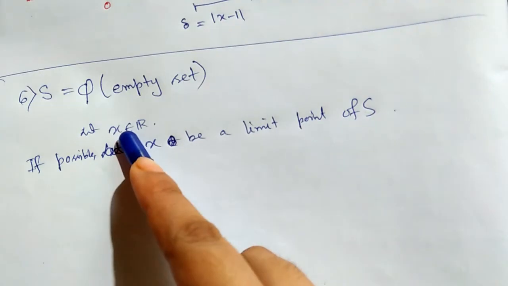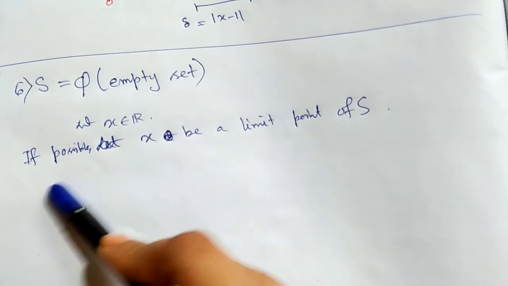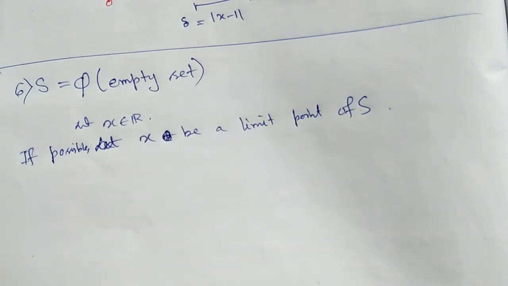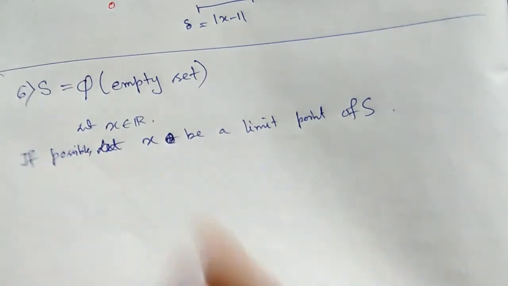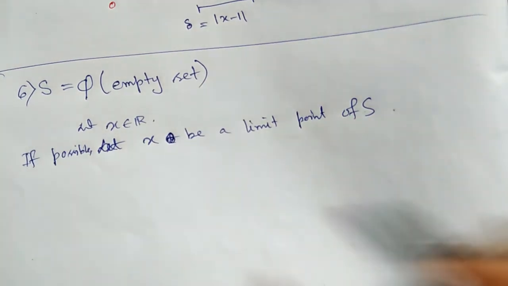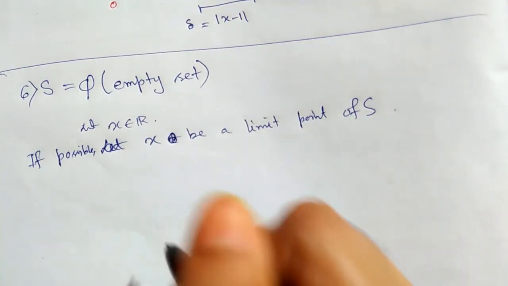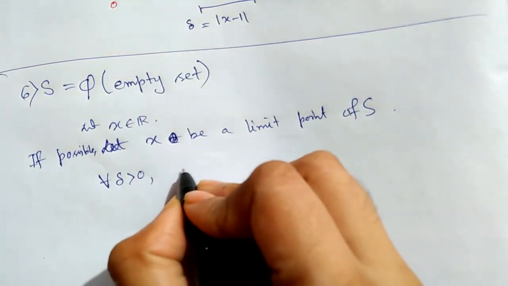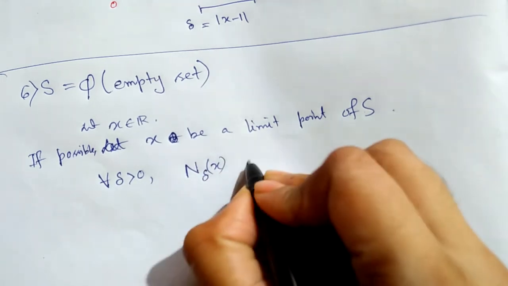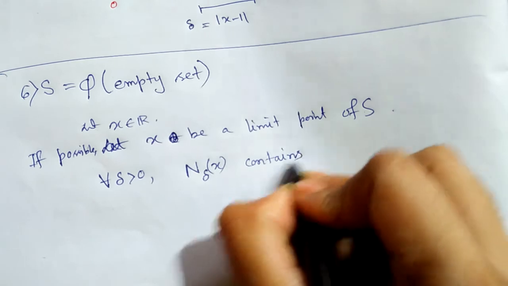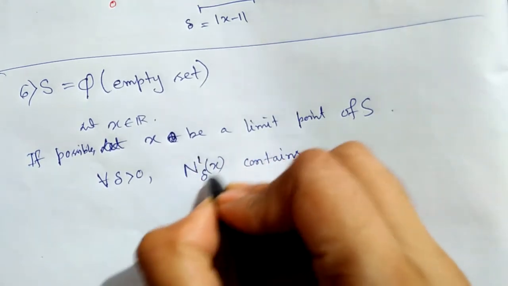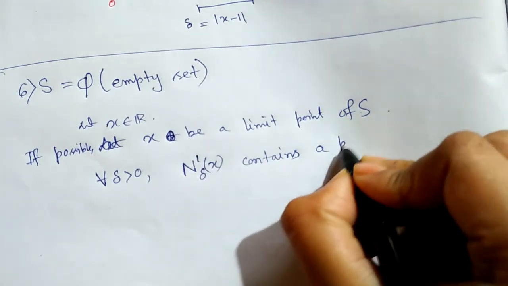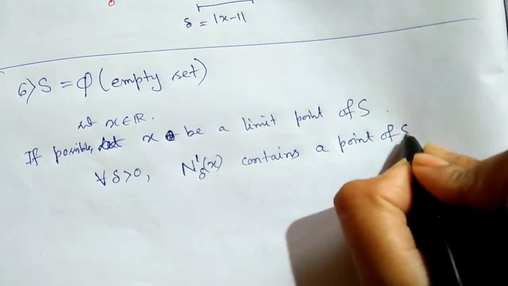So first we take any arbitrary real number, then suppose that x is a limit point of S. Then by the definition of a limit point, for every delta greater than 0, the deleted neighborhood N'_x(delta) contains a point of S, right?